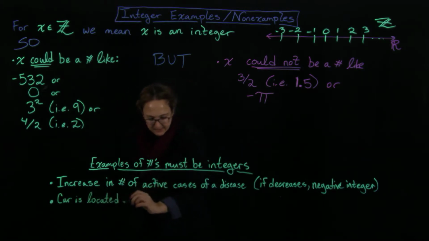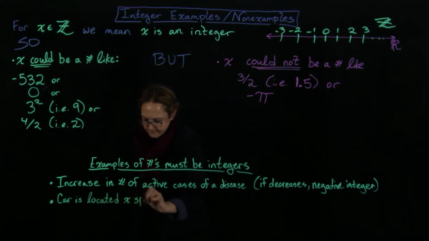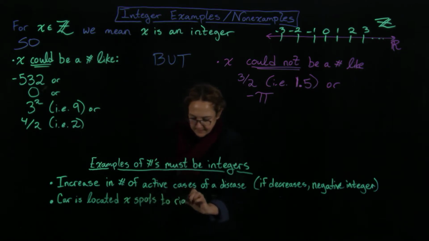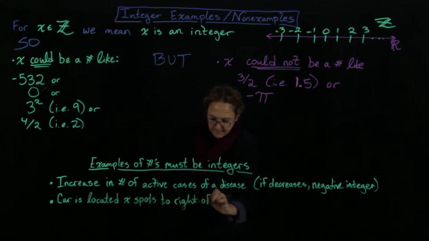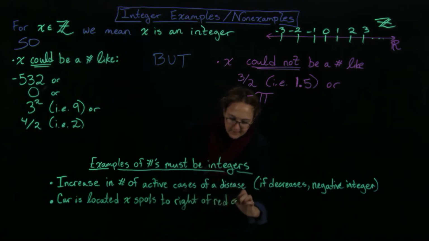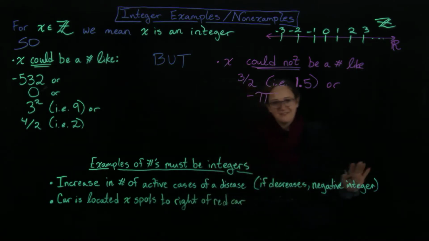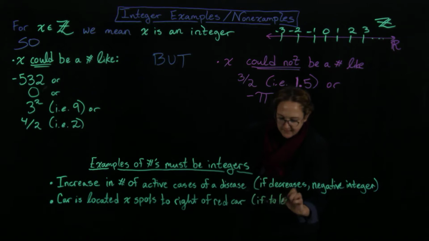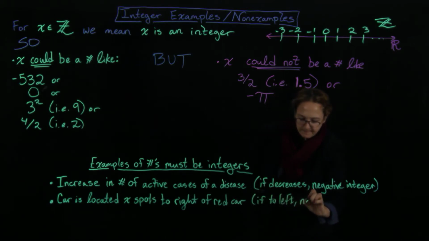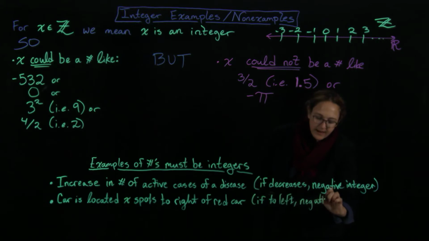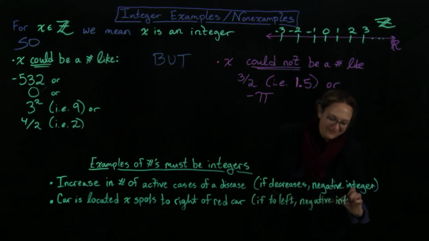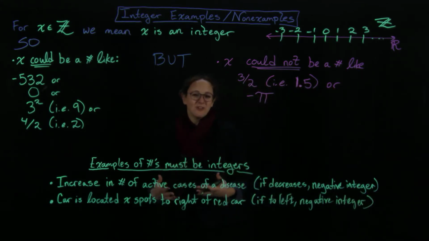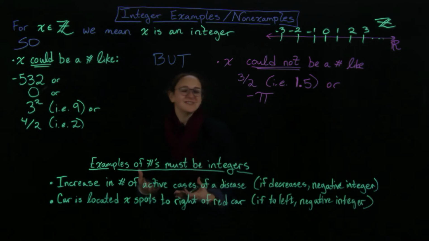If to the left, then it's a negative integer. But it's okay. I'm not going to end up with some fraction of a car, just like I'm not going to end up with some fraction of a case. So you want circumstances where you can't have a fraction of the thing.